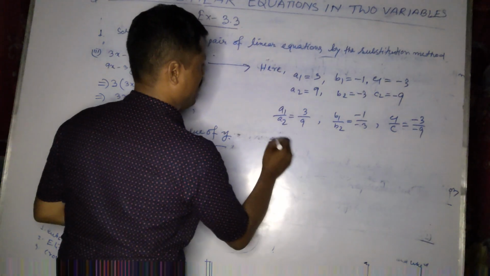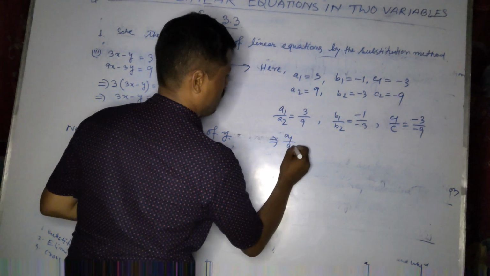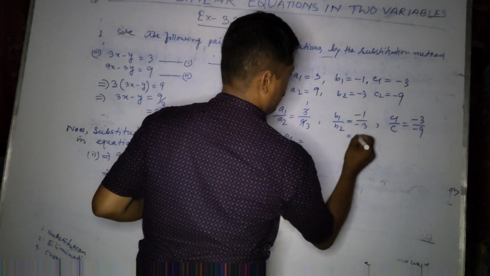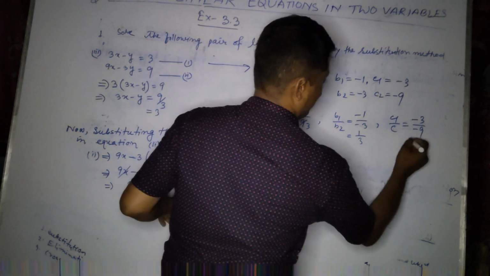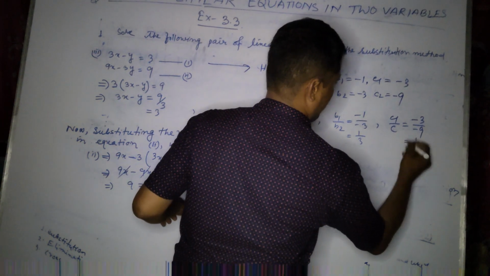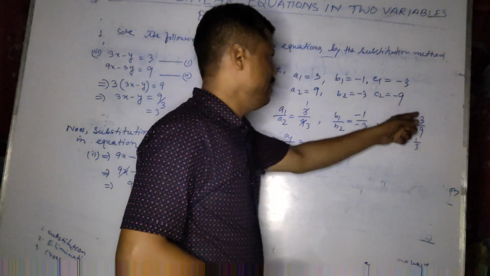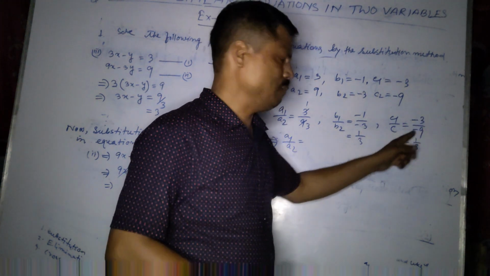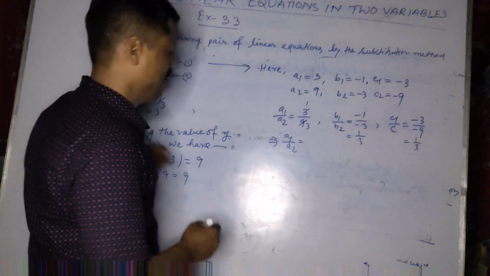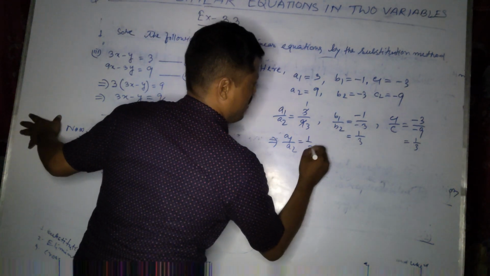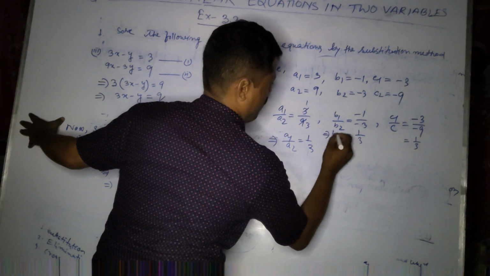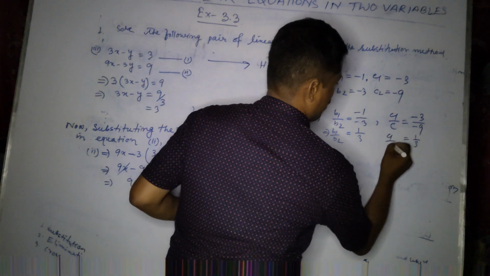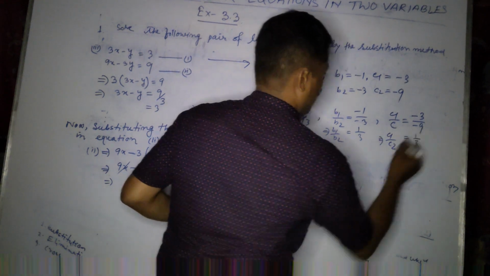Since 3 goes into 3 one time and into 9 three times, a1 by a2 is 1 by 3, b1 by b2 is 1 by 3, and c1 by c2 is also 1 by 3.